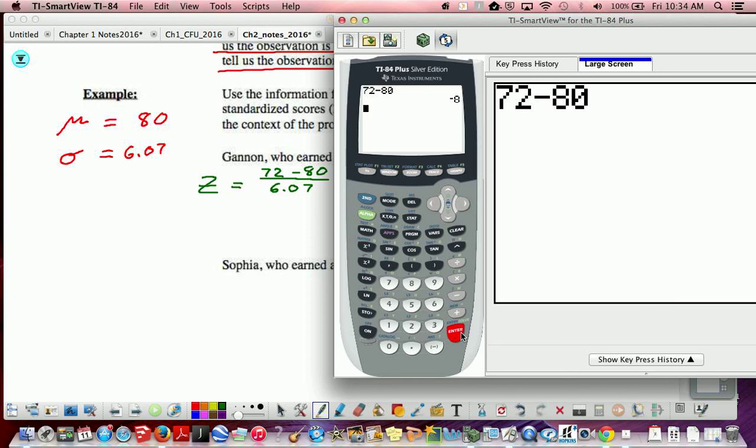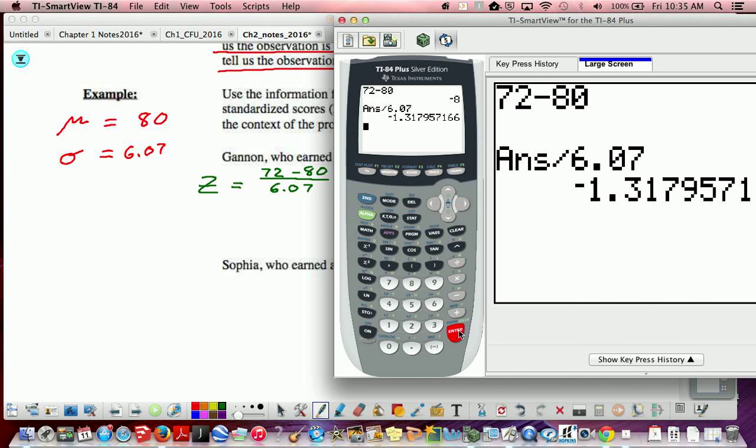You can't type it all in at once unless you put the 72 minus 80 in parentheses. So I just go ahead and hit enter. I get negative 8 divided by 6.07. I get negative 1.3179... I round z-scores to 2 decimal places. There's a reason for that, because when we start doing normal curves and we use a table, they're all rounded to 2 decimal places. So negative 1.32.